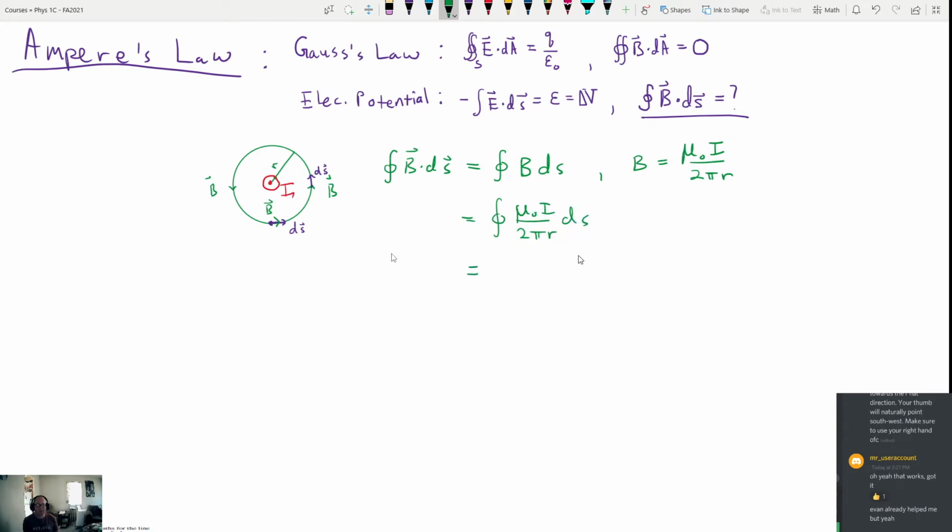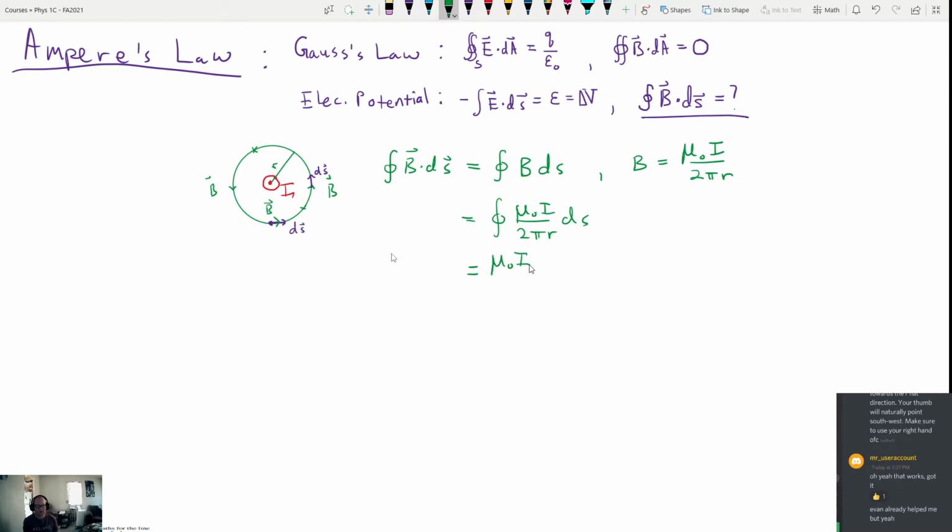All of these quantities are constant with respect to s, meaning that it's a symmetrical system. It doesn't matter if I'm here or if I'm over here, the value of B is always the same. So all of those terms can be pulled out of the integral.